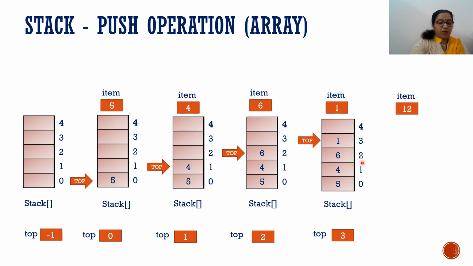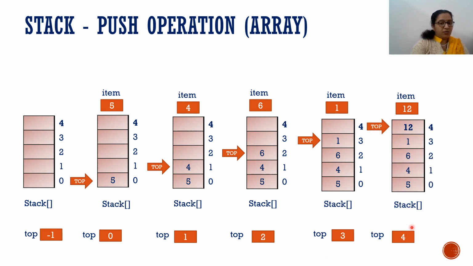Clear? Now one more item came, that is 12. See, top is incremented to 4. Now top is focusing on index number 4. This is the highest subscript or index number. If one more insertion came, what to do? That is an impossible situation.